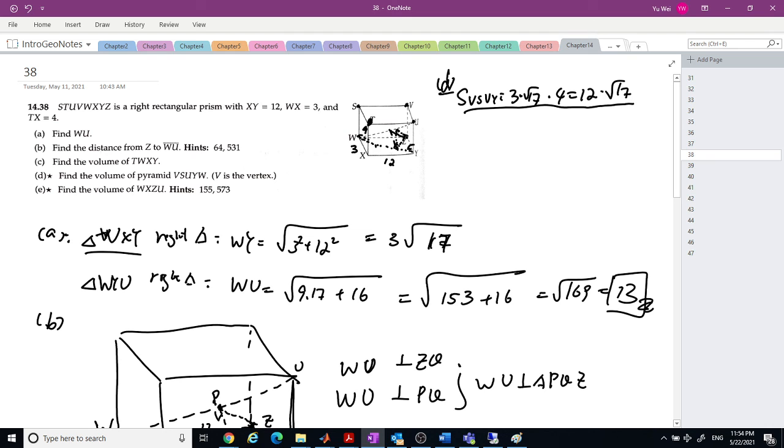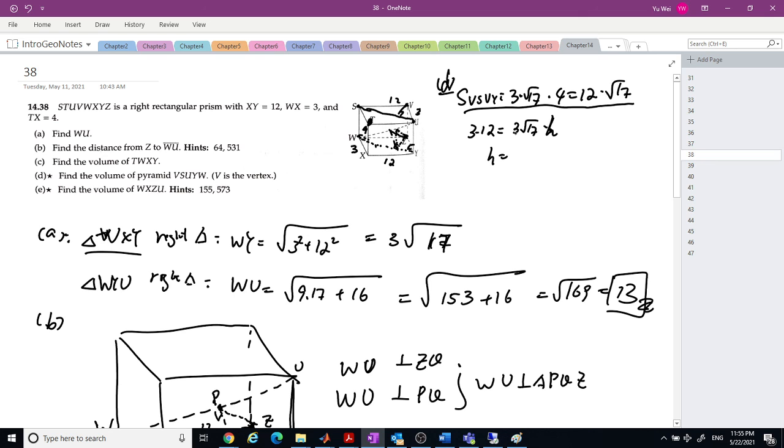Okay, from the V to the height, right, is this. Okay, so we already solved the distance. It's simple to solve, this is the 3 and the 12, right? So 3 times 12 is equal to 3 root 17 times h.